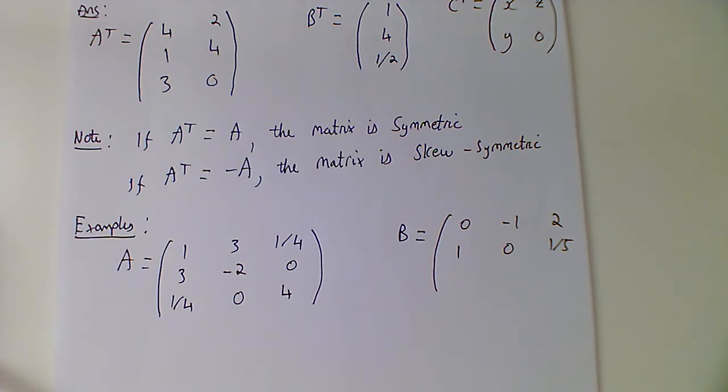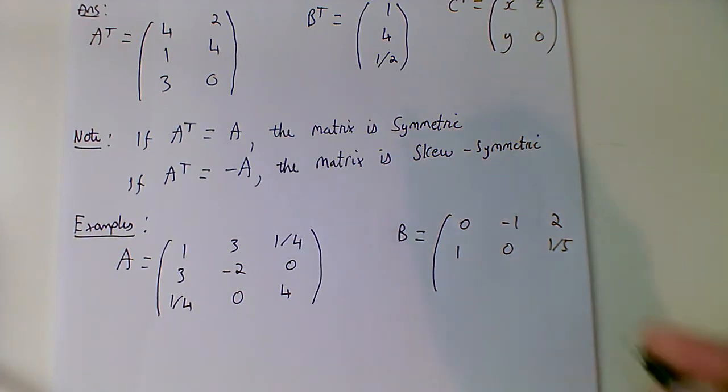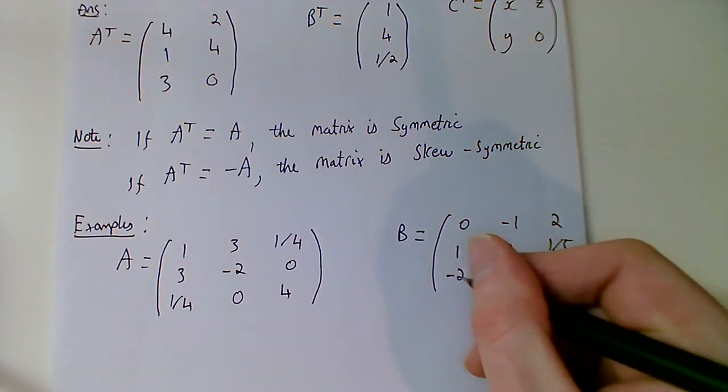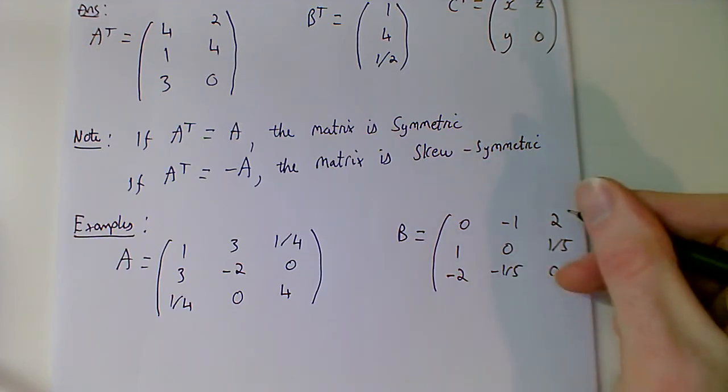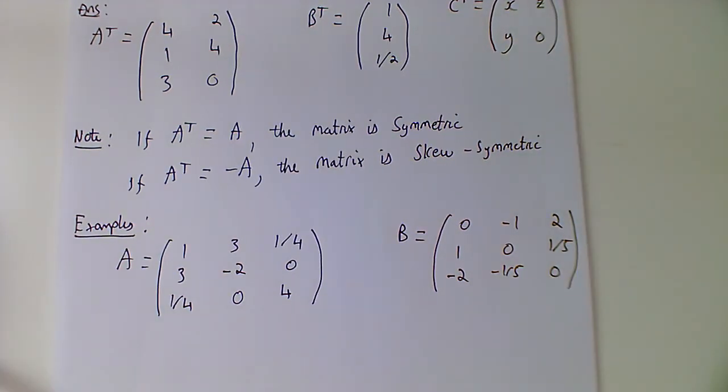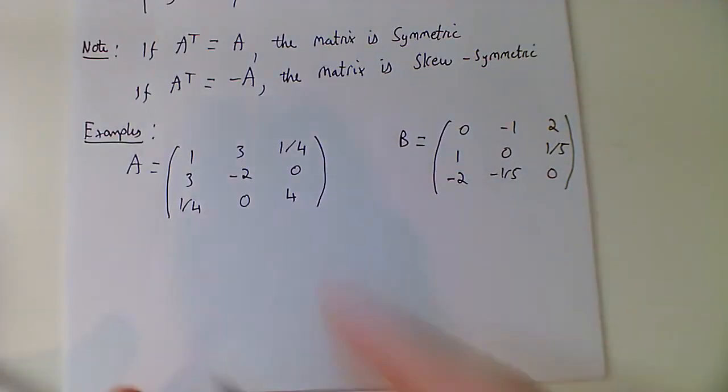So if it comes out in your calculator as a fraction, use the fraction. Symmetric and skew symmetric matrices don't happen very often, but one of these is symmetric and one of these is skew symmetric. So let's have a quick check.